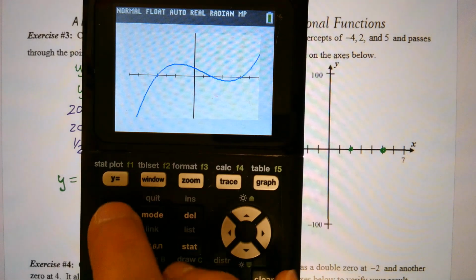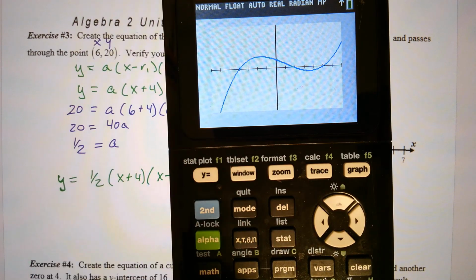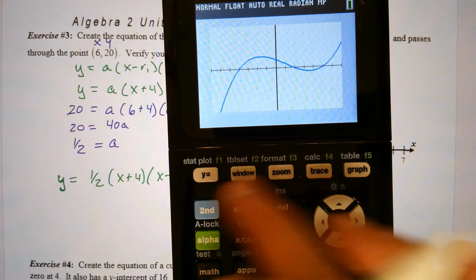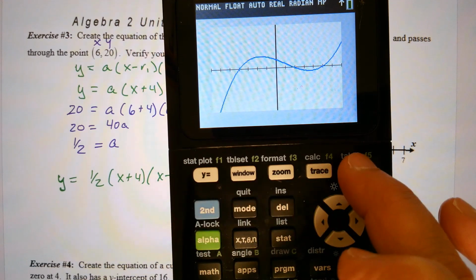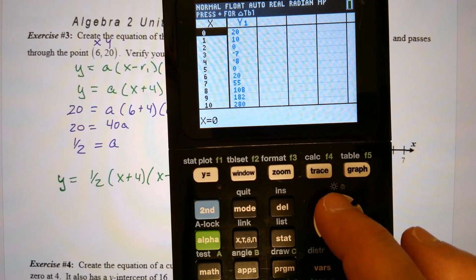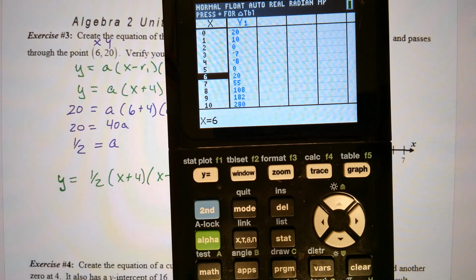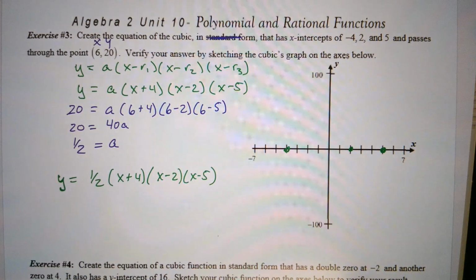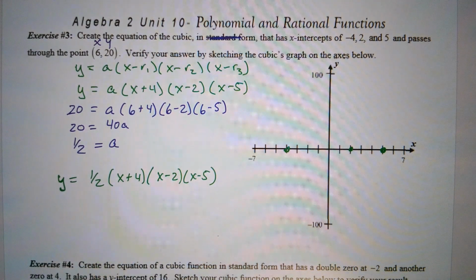Check the table of values for the point (6, 20). So the second graph. Yep, and the point (6, 20) does lie on the graph. So that's verifying that this is correct.